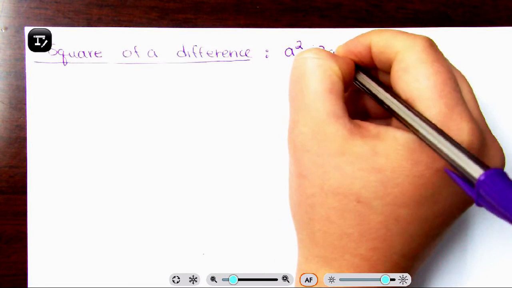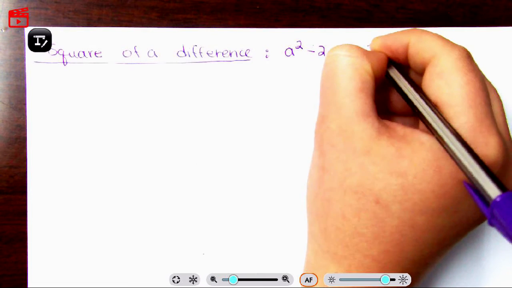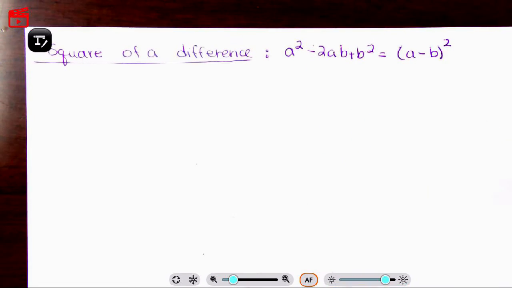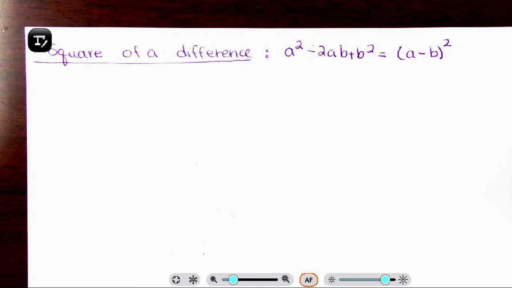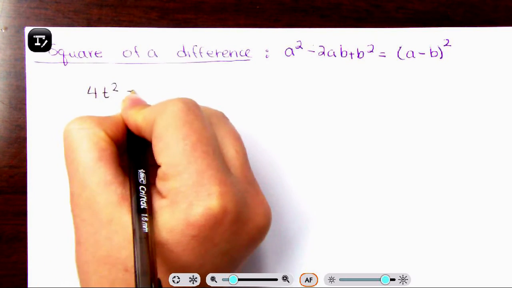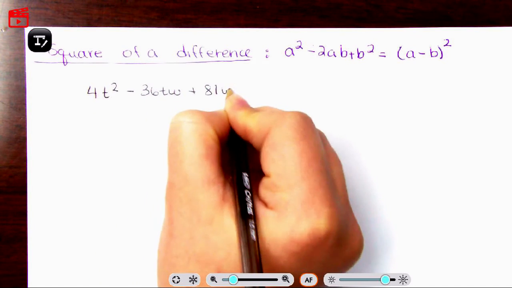It's very similar to the square of a sum, but in this one the middle term is subtraction. There's no really big difference; again, the middle term has a minus. So let's do an example. I have 4t squared minus 36tw plus 81w squared.